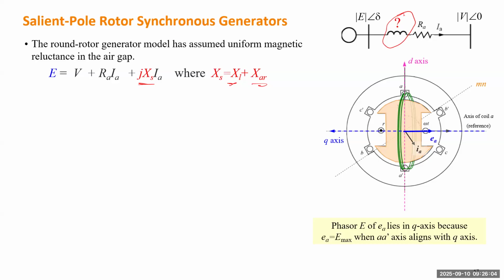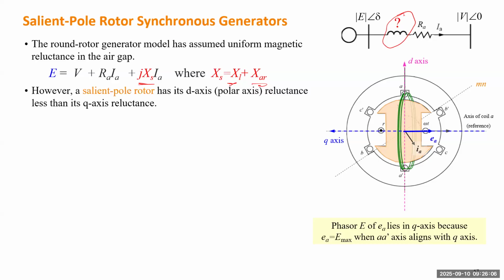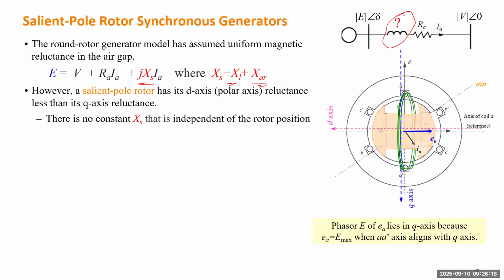Okay, so how do we model them for a salient pole rotor generator? We can model the equivalent reactance in two directions. One is in the D axis, the other is in the Q axis. So when the rotor is revolving, and if we stay on the winding A, sometimes we'll be seeing the largest air gap, sometimes we'll see the smallest air gap.